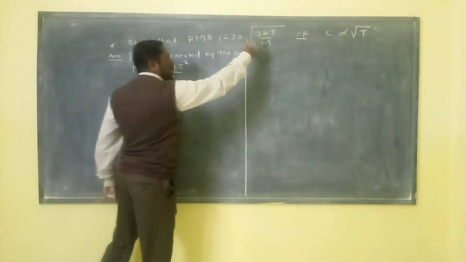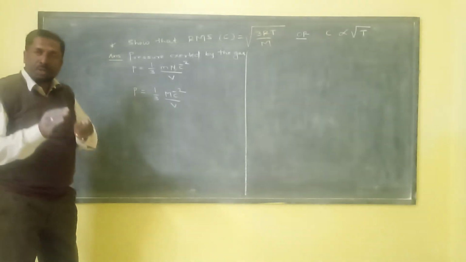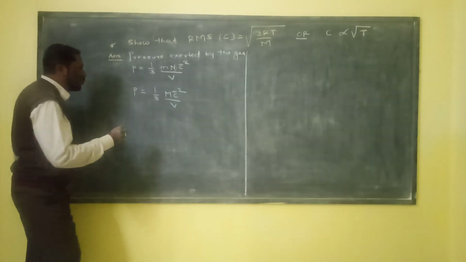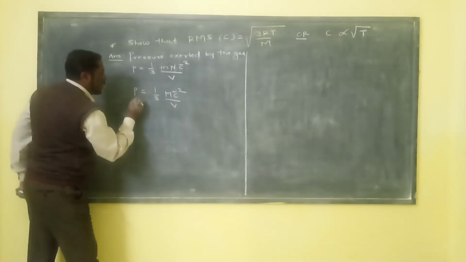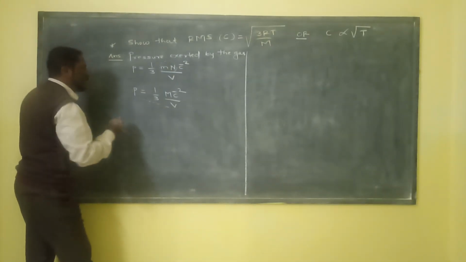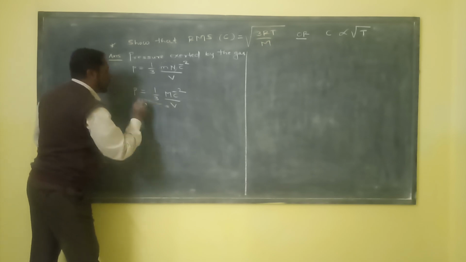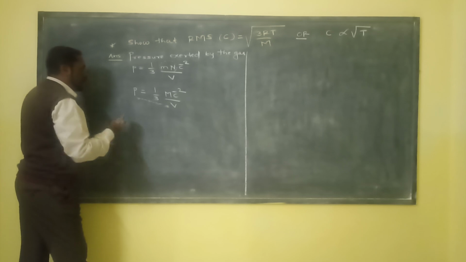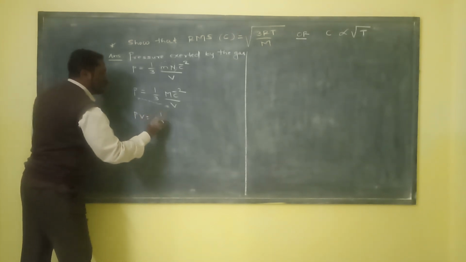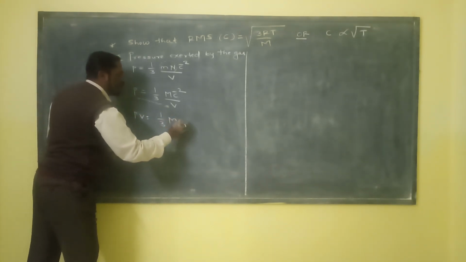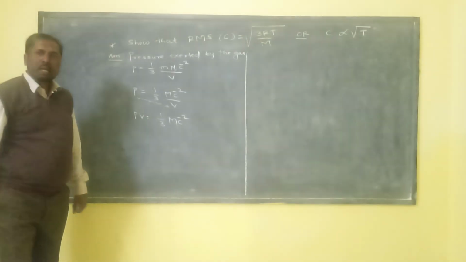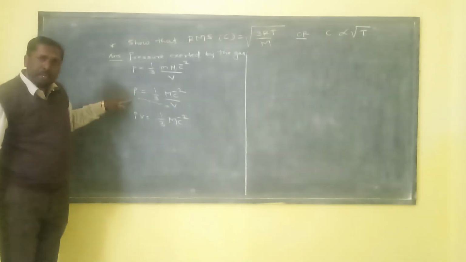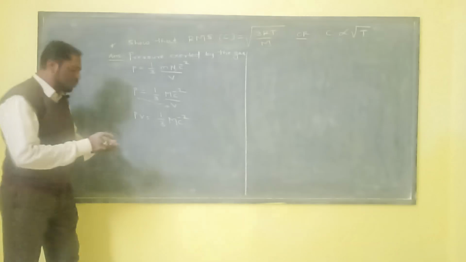What is there? C is equal to, we have C here. RT is there. We know that according to ideal gas, PV is equal to RT for 1 mole. So to get RT, we have to multiply P and V. Why are we multiplying P and V? To get RT. So we can write PV is equal to 1 upon 3 m bar c square.